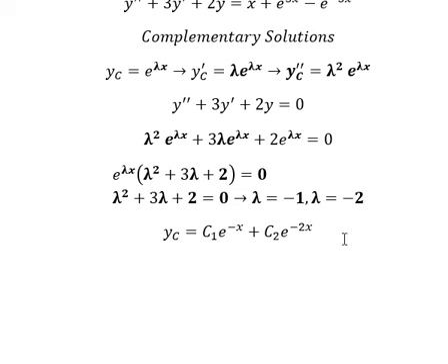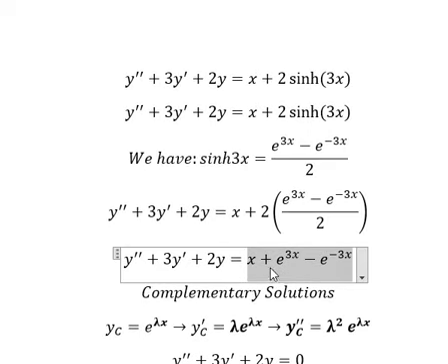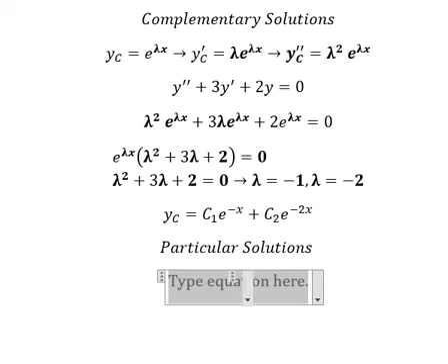Now we go to particular solutions. So in this one, we can see that we have s plus e to the power of 3s negative e to the power of negative 3s. In this one, we can put about yb.